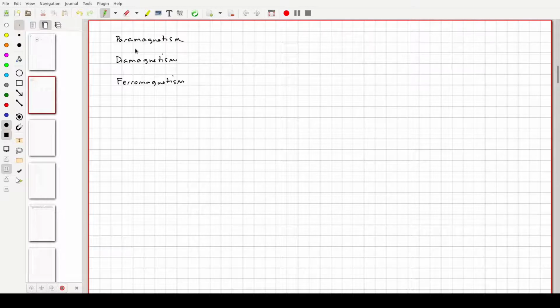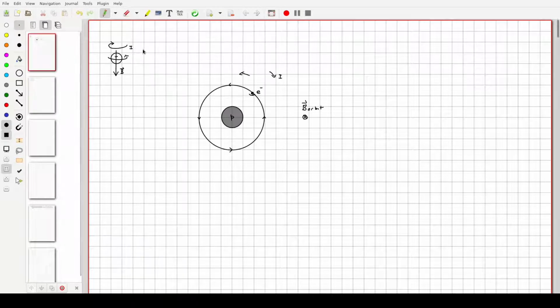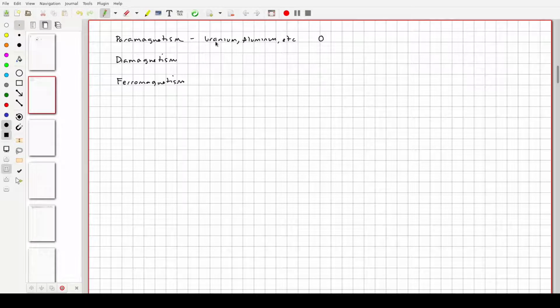For example, and we're going to go into these in much greater detail in a moment, paramagnetism: when you take a paramagnetic material, examples of which would be something like uranium, aluminum, what have you, even oxygen, and you place it in the presence of a magnetic field, some of the atoms, which are naturally magnetic, will align up with the magnetic field.